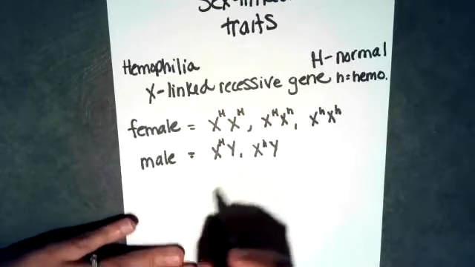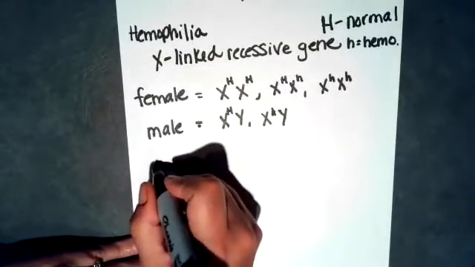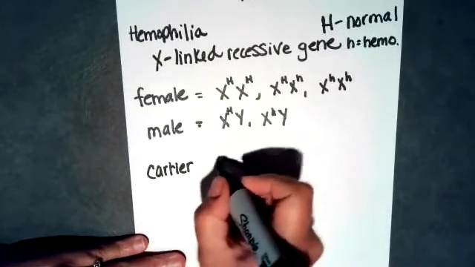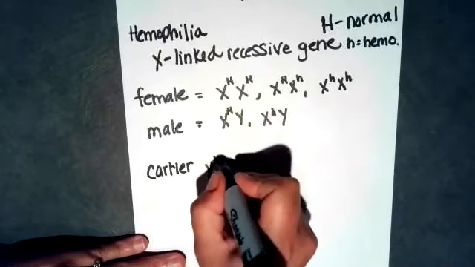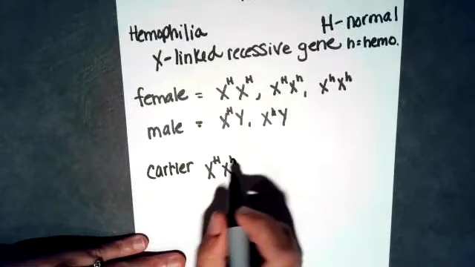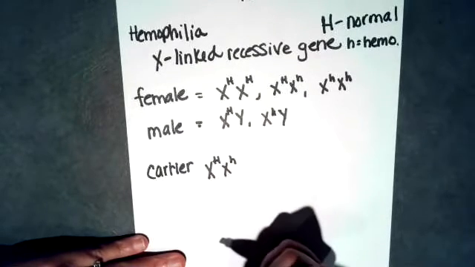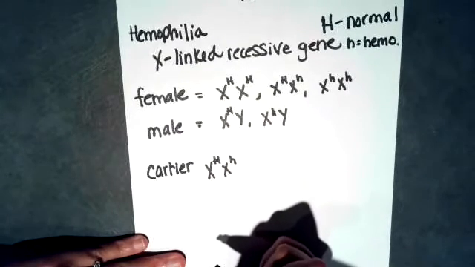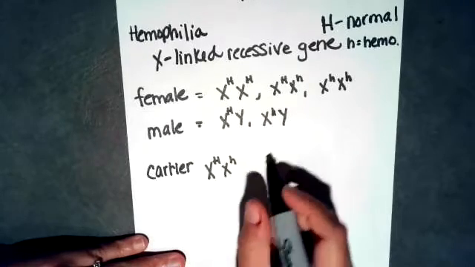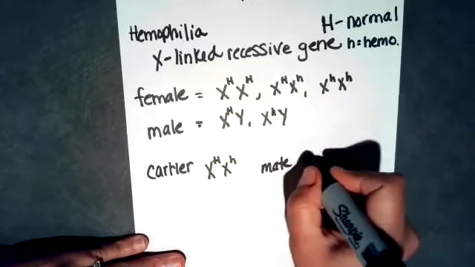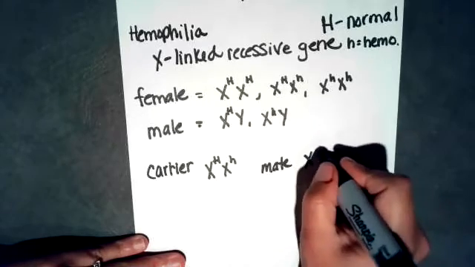Okay, so let's say, for instance, that we have a carrier for hemophilia. A carrier is someone that's heterozygous, a woman that's heterozygous, meaning that she's normal, she doesn't have the disease, but she carries the disease gene on one of her X chromosomes. So we have a carrier, and they're going to mate with, let's say, a normal male.